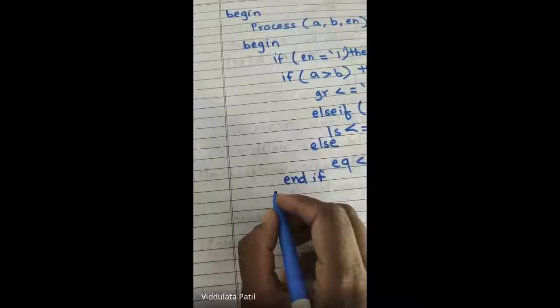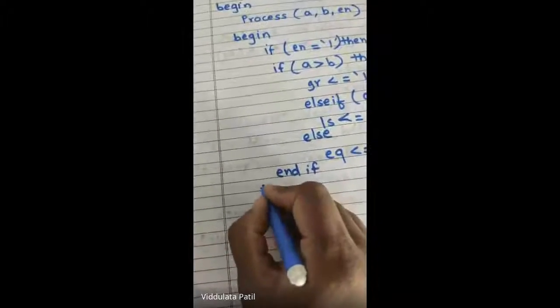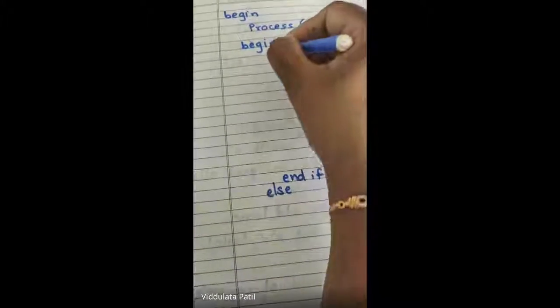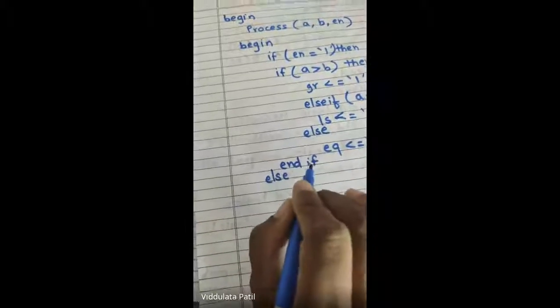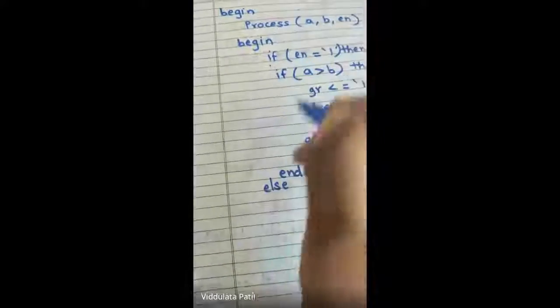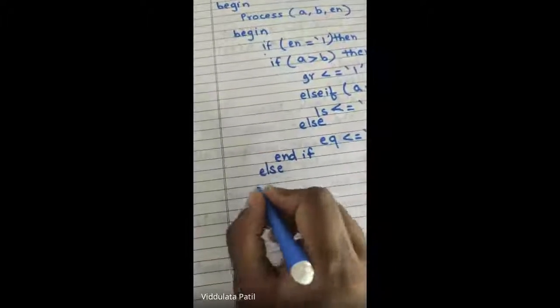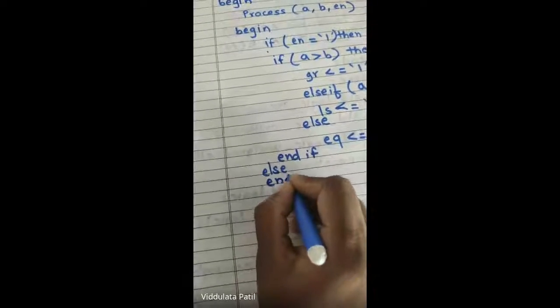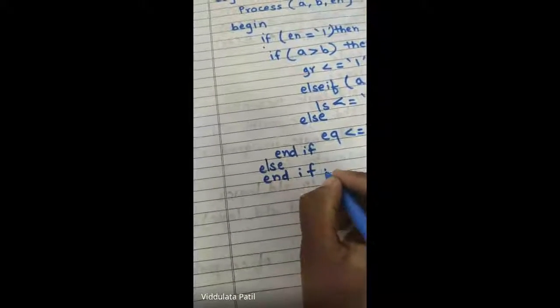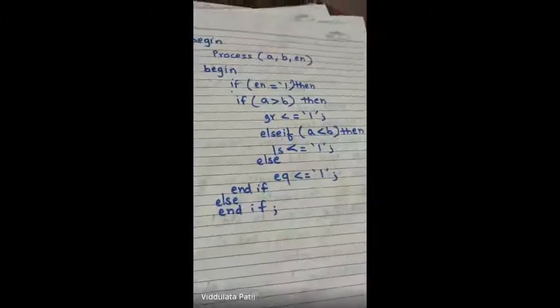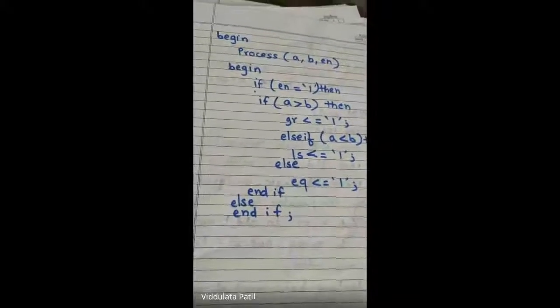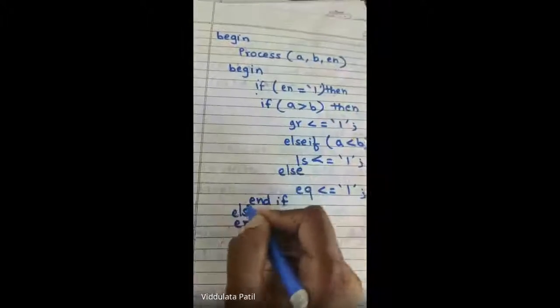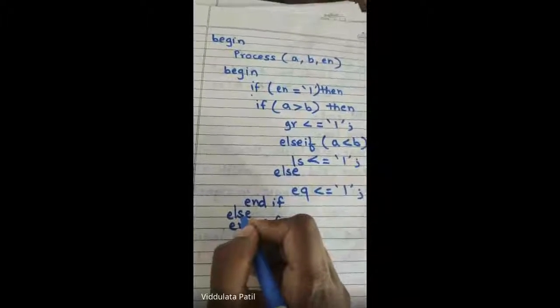Okay. Then else, this is the else for this first if statement. So this is the else, end if. Okay, so that means we don't want to process anything if enable is not equal to 1. If it is equal to 1, then only it will perform these actions.